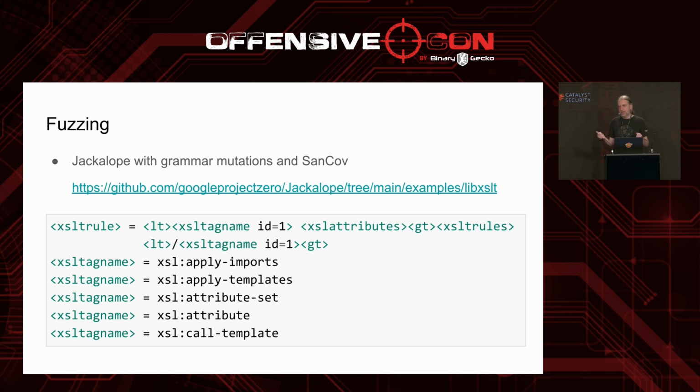And the grammar format is quite simple. And if you ever used my other fuzzer, Domato, to fuzz web browsers, then you would be instantly familiar with the grammar format because it is very, very similar. So I wrote an XSLT grammar and used that to fuzz first libxslt, and this resulted in some vulnerabilities.